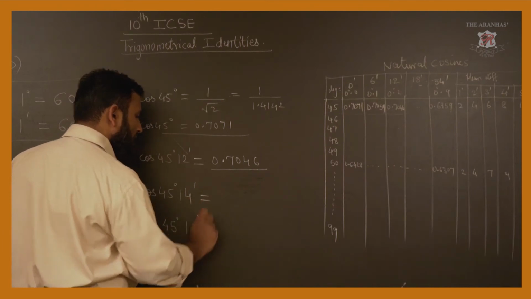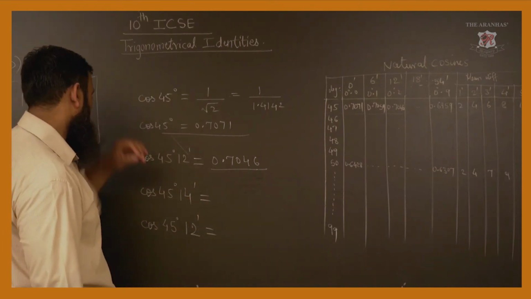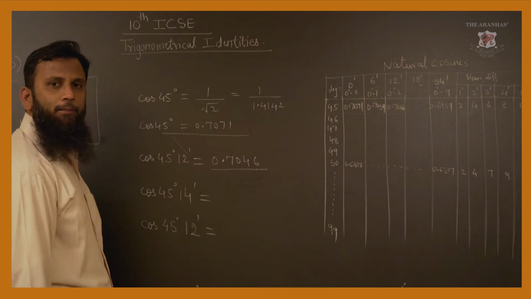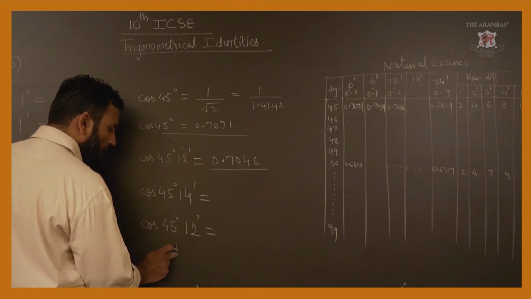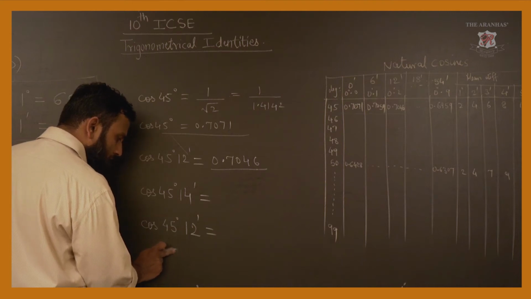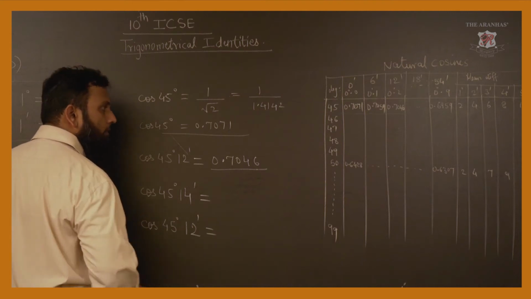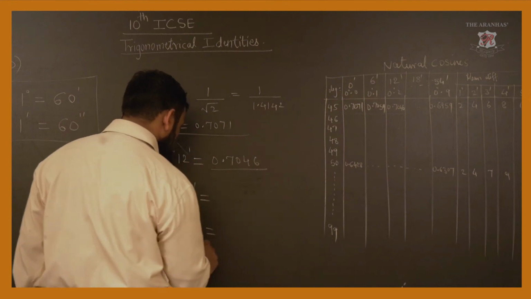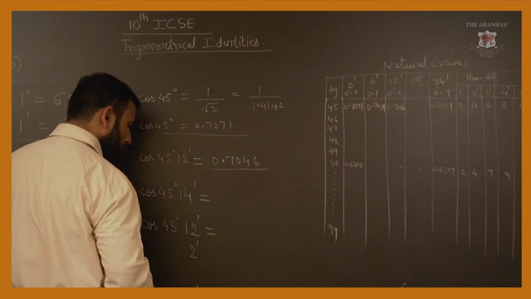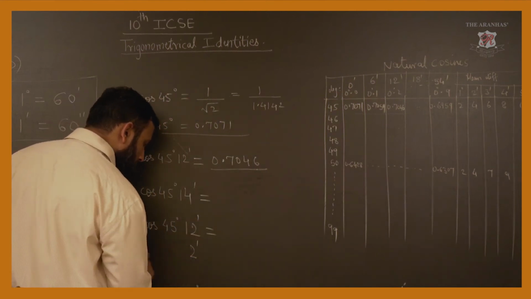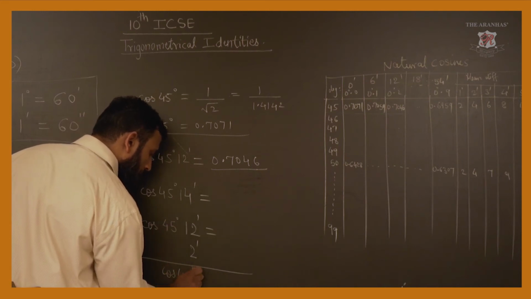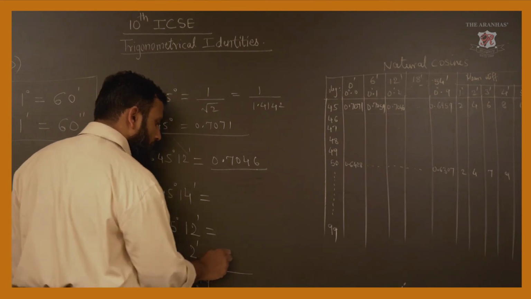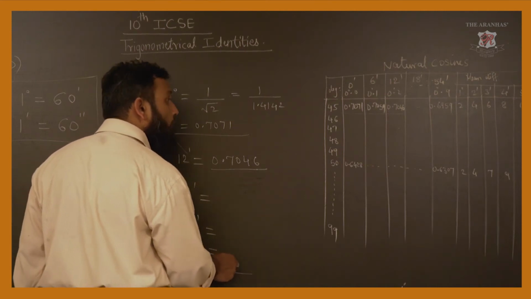So I will find the value of cos 45 degree 12 minutes first, and to that, where in sine we used to add, 2 more minutes are required. So here I will add it and get cos 45 degree 14 minutes, but here I have to do subtraction.